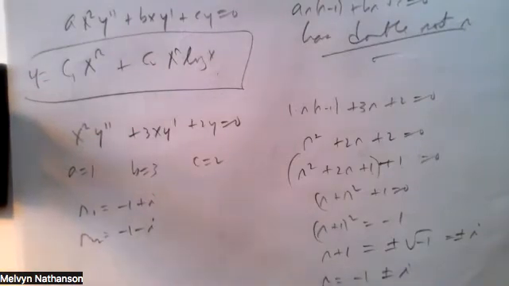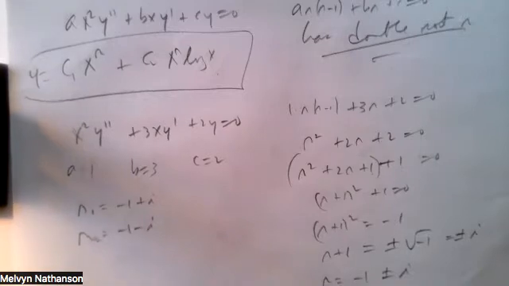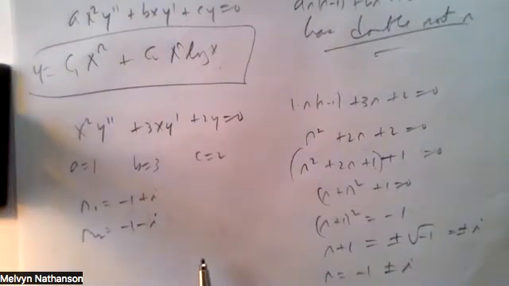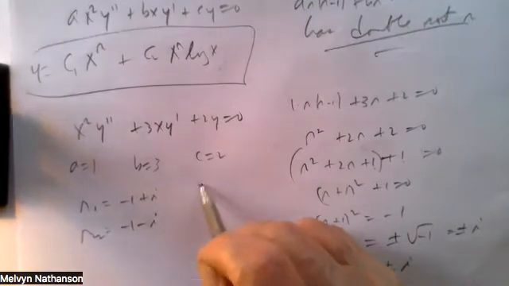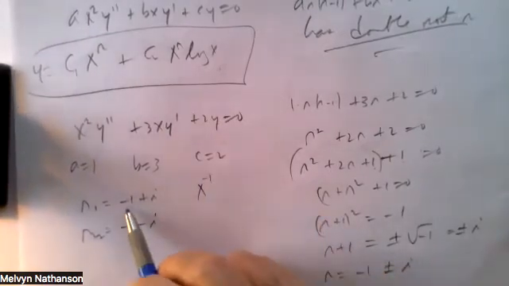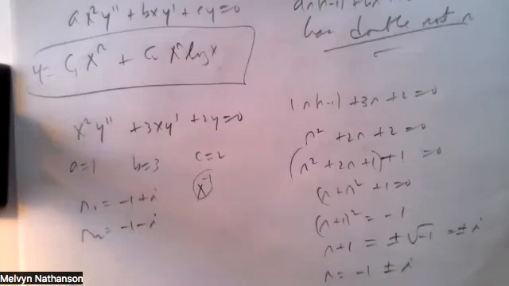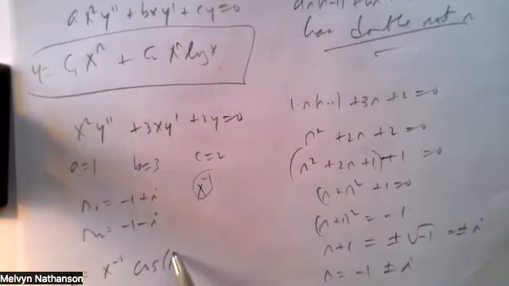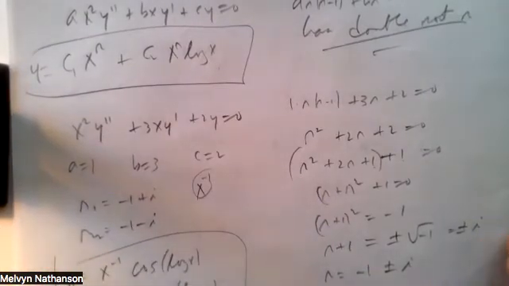And I claim what will be the solution is, if you took x to the minus 1, that should be part of it. If we let y1 equal x to the minus 1 cosine of log x, and y2 equal x to the minus 1 sine of log x, let's just experiment. I claim these are solutions.